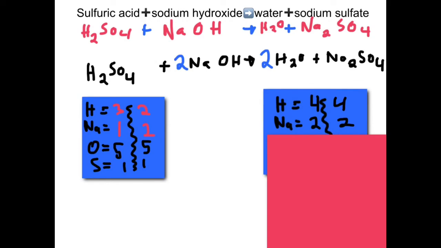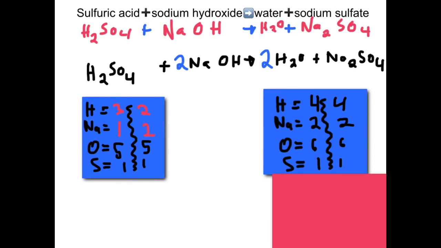We didn't have a problem with our oxygen in the first place, but now that we threw in those 2's, they did change a little bit, so they went from 5 and 5 to a 6 and a 6, as we can see right here. You see 5 and 5, 6 and 6, and our good friend sulfur stayed the same. So that is how you balance sulfuric acid and sodium hydroxide, yielding water and sodium sulfate.